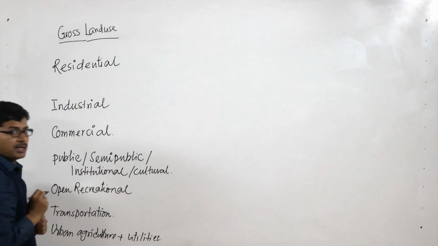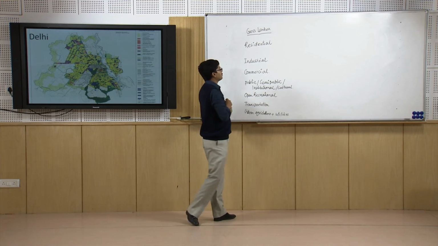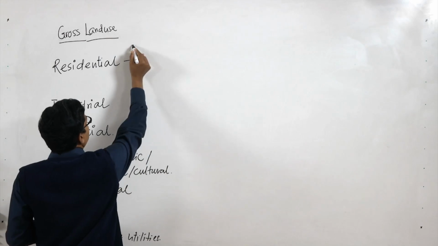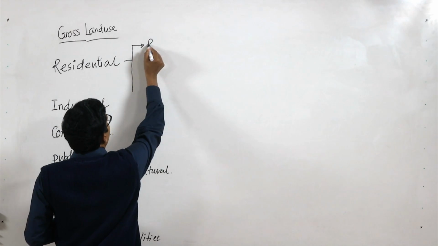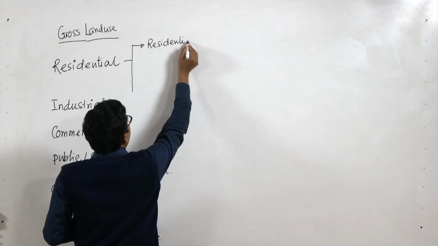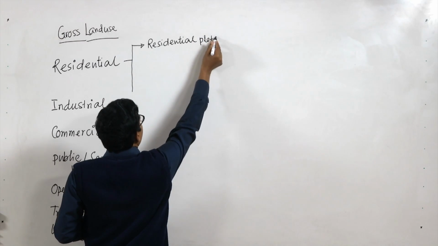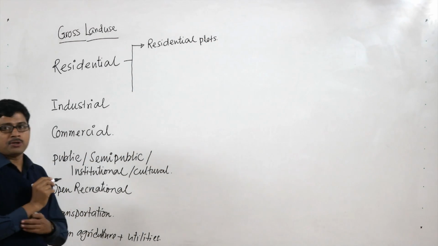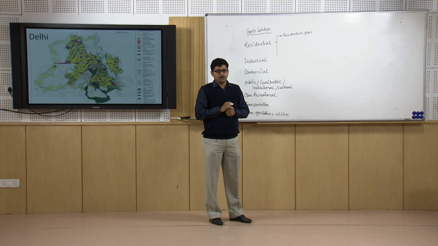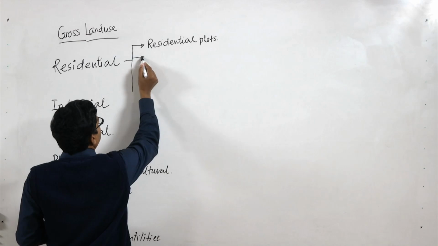So, what makes a gross land use? Let us now go into a little further detail of the gross land use. For example, the residential land use consists of residential plots, that is, plots earmarked for housing development, then the plots earmarked for the access road.